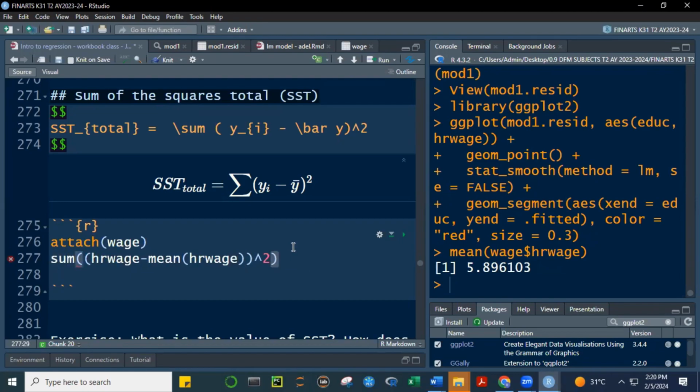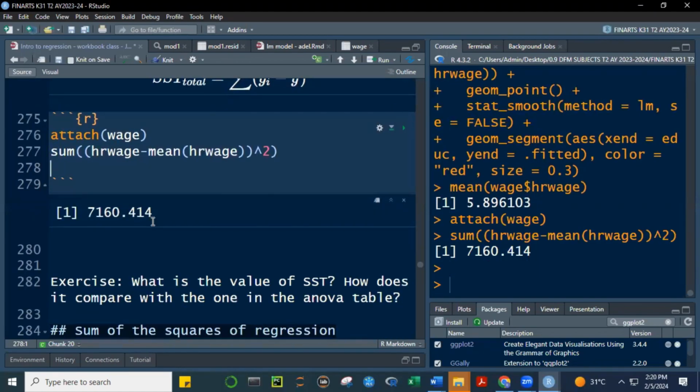Tingnan nyo, class, yung formula. Una, hourly wage minus average ng hourly wage. Then i-close natin kasi i-square natin siya and then just get the sum. Right? So, if I run this, yeah, so the sum of the squares of the total is 7160.414. Okay? So let me end there, class.